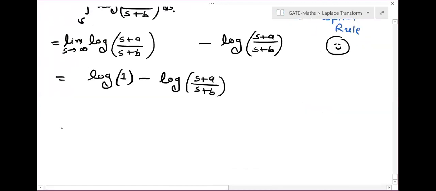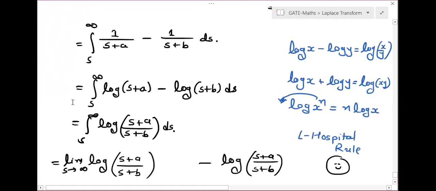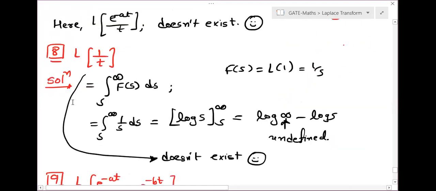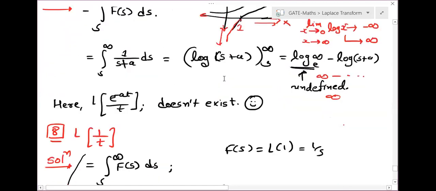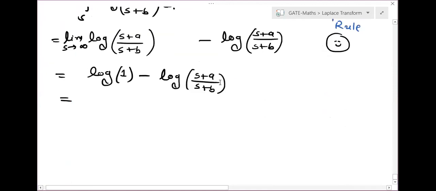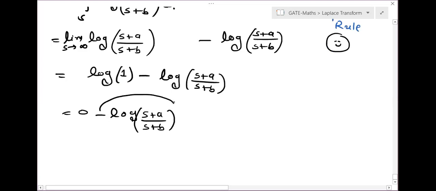So here log 1 will become 0, right? I just told you from the graph that when you put 1 in the input of log, log 1 is always 0. So log 1 will give you 0, minus log s plus a by s plus b. Now, if you have any number outside of log, you can take that number into the power.